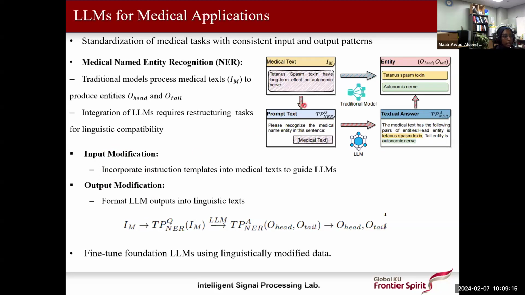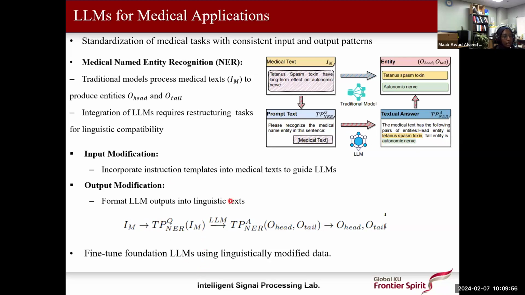For example, we need to add some sort of instruction to guide the large language model on how to deal with the medical text, like, for example, please recognize the medical named entities in this sentence. And the output, instead of being just the head and the tail of the entity name, will be structured as linguistic text, for example, the medical text has the following pairs of entities: head entity is, and the tail entity is.